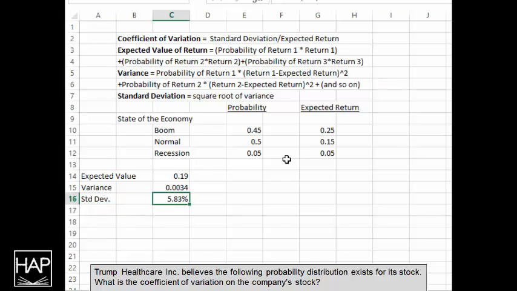Now that I have the standard deviation, I can use it to calculate the coefficient of variation. The coefficient of variation, again, is the standard deviation here, 5.83%, divided by the expected value of the return. So I get a coefficient of variation of 0.3069.